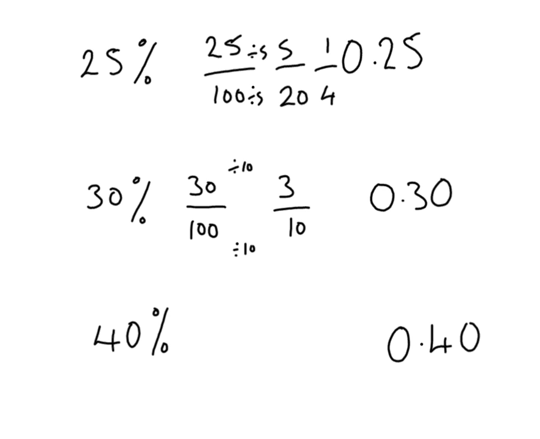To change it into a fraction, we have 40 out of 100, and if it ends in a 0, we can divide by 10. Always doing the same to the top and bottom. We get 4 over 10, and we can simplify this again by dividing by 2 to give us 2/5.